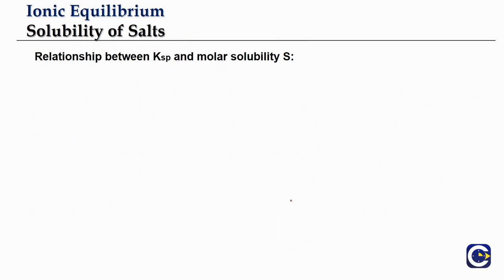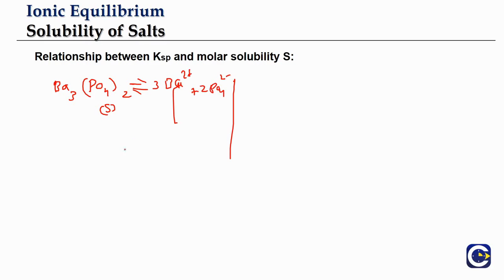We'll look at some more examples on this. Say we have another sparingly soluble salt, barium phosphate. If it is dissolved, it is going to give us 3 barium 2 plus ions and 2 phosphate ions.